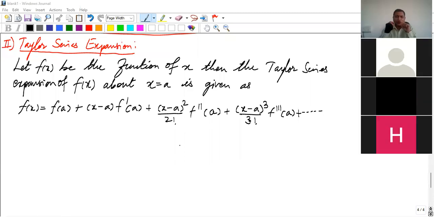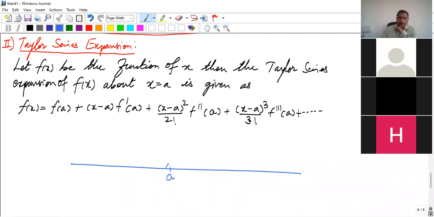Yes. Okay. So see, Taylor series is about any arbitrary point. That's what I wanted to show you. So if we consider this a real line, here x can be anywhere on this real line. And now I am considering a point a.